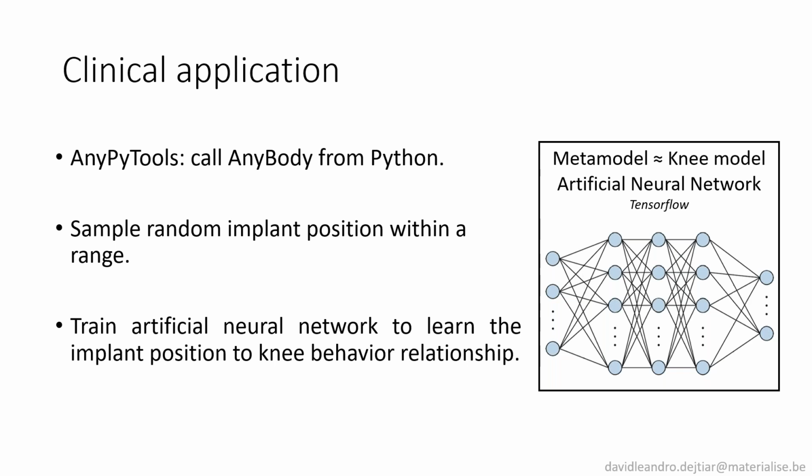We then use our AnyBody knee model to train an artificial neural network with 1,800 samples at different flexion angles and with random implant positions, random implant combinations between a given range. The neural network then learned the relationship between the implant position and the estimated kinematics in order to find the implant alignment that results in the smallest mean square error between native values and post-total knee arthroplasty values.